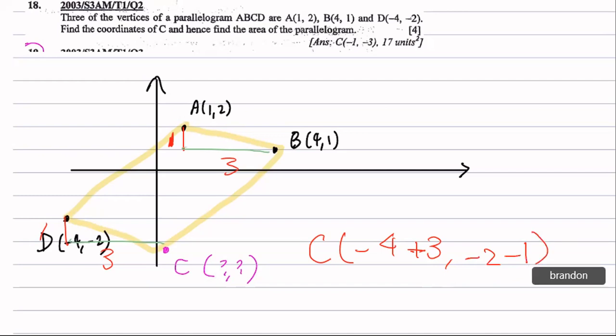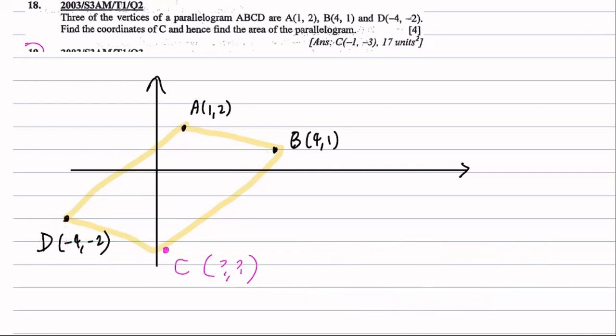Yep, correct. C is negative 1, negative 3. Correct, exactly. So from there, how do you find the area of the parallelogram? You use the shoelace. Do I need to go through? No. You can do it on your own.